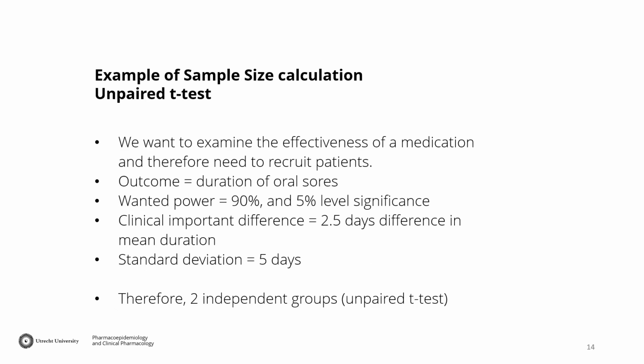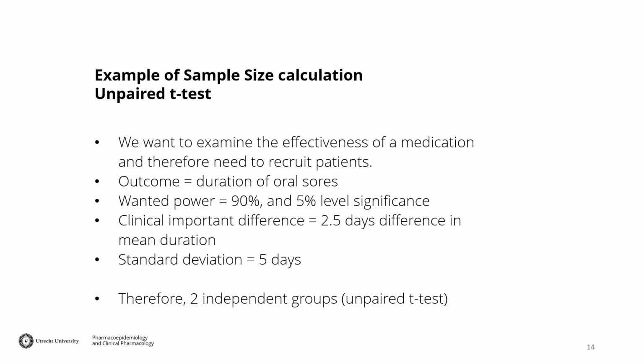So here we'll go through an example of how to calculate the sample size, first for the unpaired t-test. Imagine that we want to examine the effectiveness of a medication, and therefore we need to recruit some patients for this study. We want to look at the outcome duration of oral sores, and we want a power of 90% and a 5% level of significance.